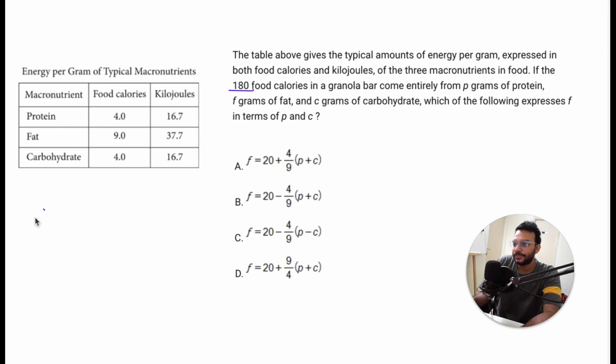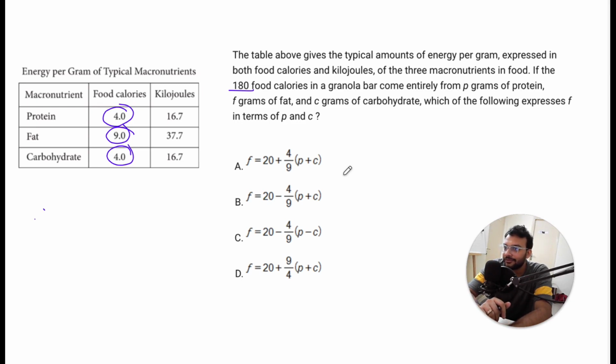Let's check. The protein contributes 4 food calories, fat 9 food calories, and carbohydrate 4 food calories again. So protein and carbs are contributing equally. Fat is contributing more in the calorie count. The important thing to note here is that the 4 options are in a simplified format.